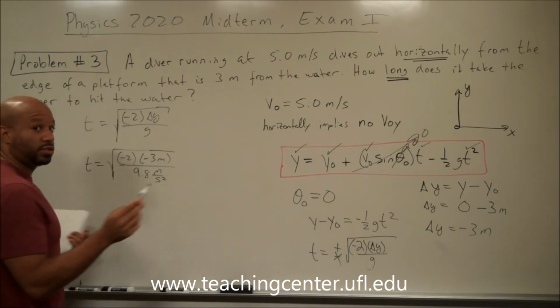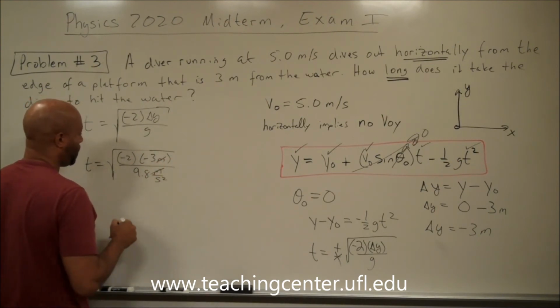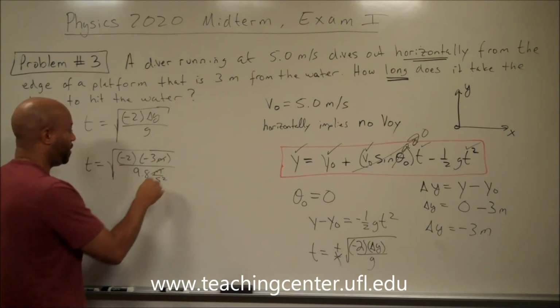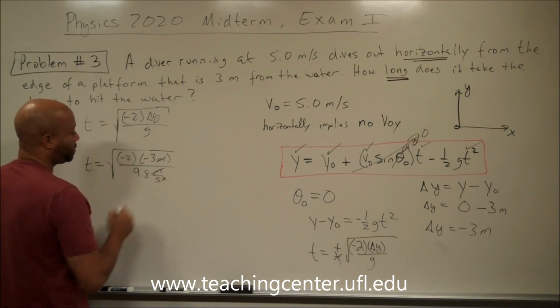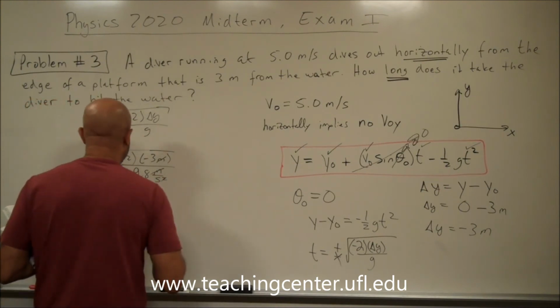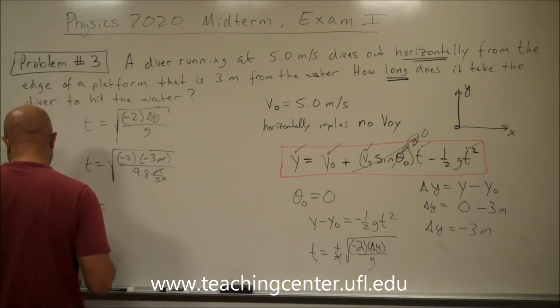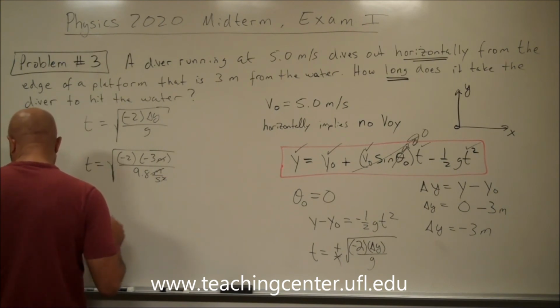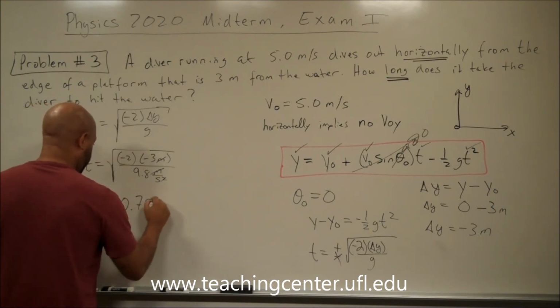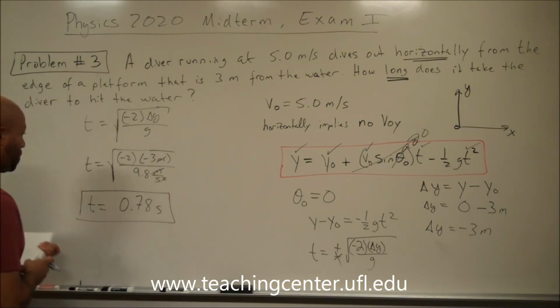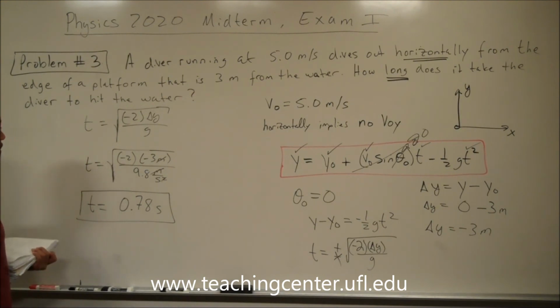Under the square root, the meters cancel out, and we have a second squared in the denominator, but when we divide it out, it becomes the numerator. Since we're taking the square root, the square goes away, so we just have seconds to the first power. When we work this out, we get 0.78 seconds. That is the answer for this problem.